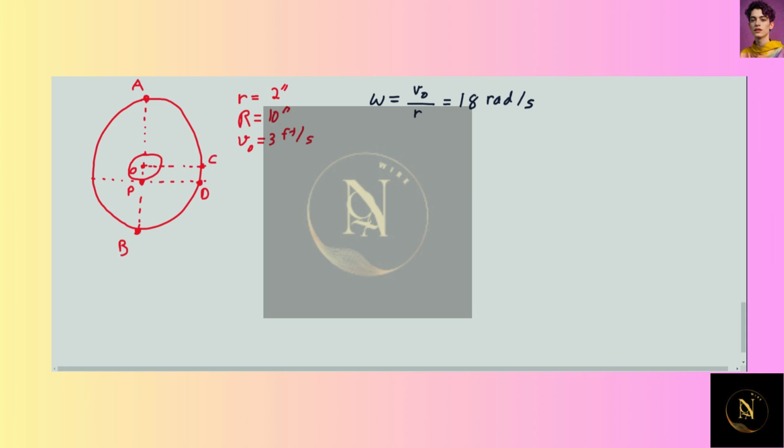We can then calculate the velocity at point A pretty simply.